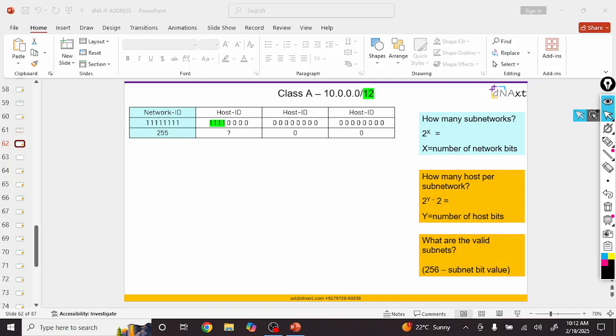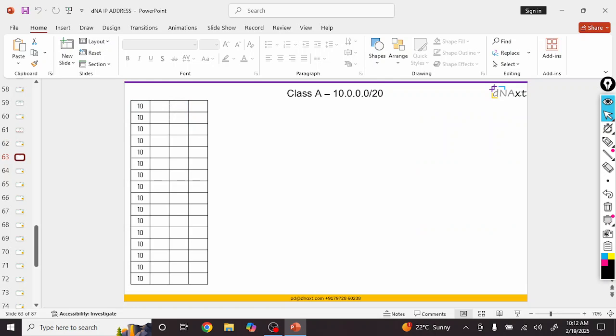So the first valid IP address that we will get is 10.0.0.0. The increment is of 16 in the second octet, as we have borrowed the bits in the second octet.